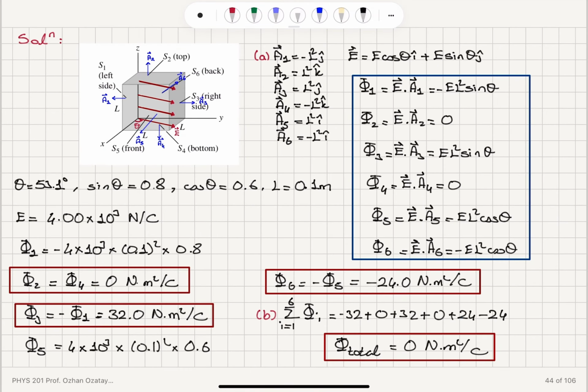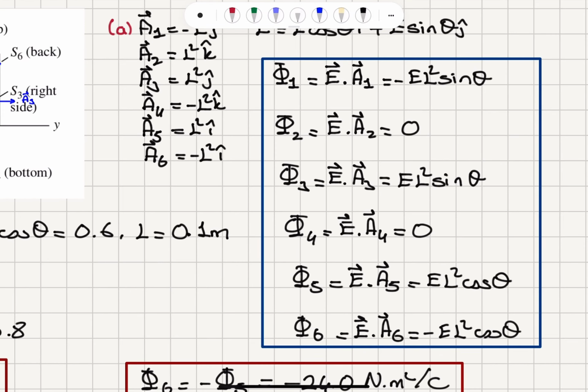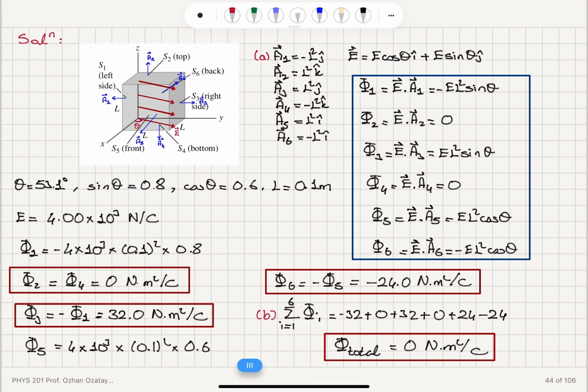For the other four, we find that the fluxes through faces 1 and 3 cancel, and faces 5 and 6 cancel, and we find a total flux of 0. When we substitute the numbers, it is 32 and minus 32, 24 and minus 24, 0 and 0 newton meter squared per coulomb. So this result that the total flux is 0 is consistent with Gauss' law because the total charge enclosed by this cube is 0.